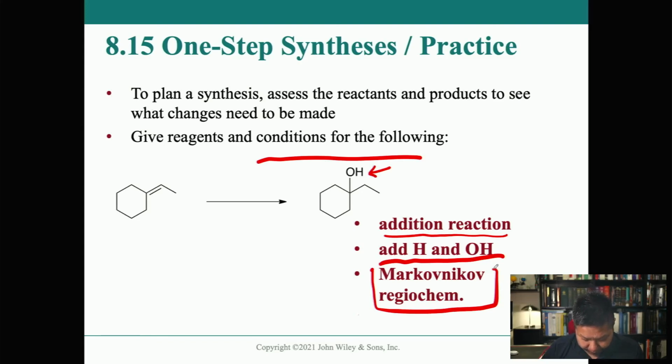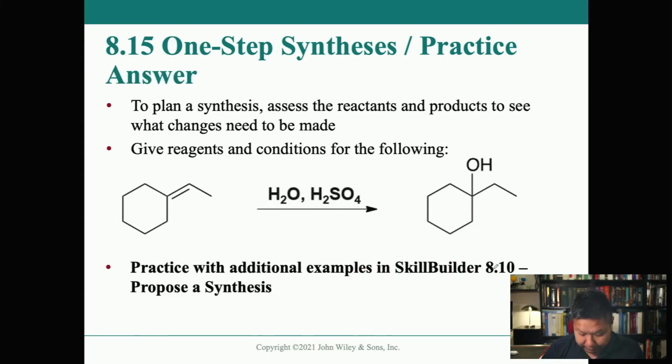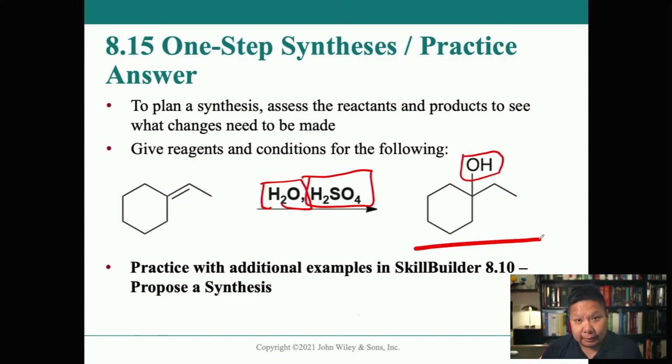So how do we get that? Well, first thing is we know that we can use water to add the OH, and we can have some protons from sulfuric acid, and that will give us the Markovnikov regiochemistry addition of the alcohol. Okay?